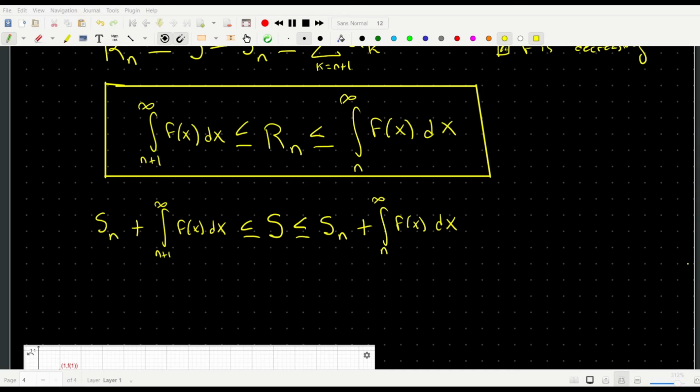So what this is essentially giving us is a lower bound for the actual value of the sum and an upper bound for the actual value of the sum.